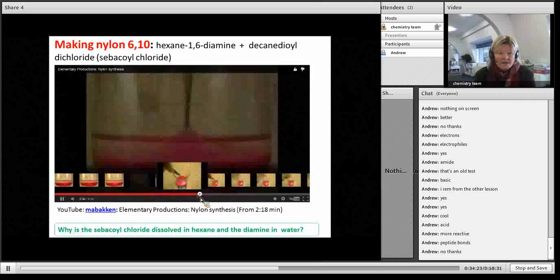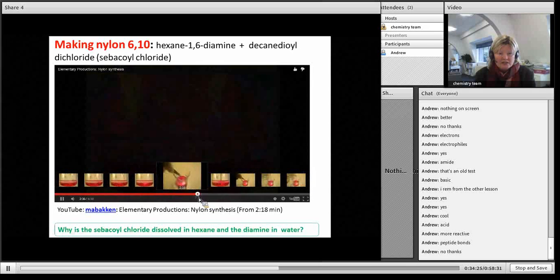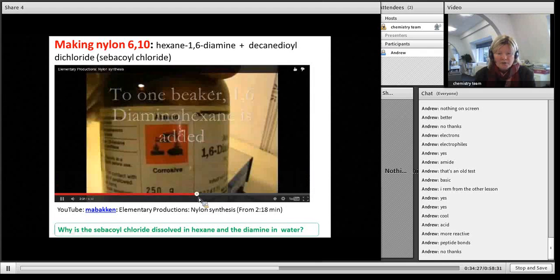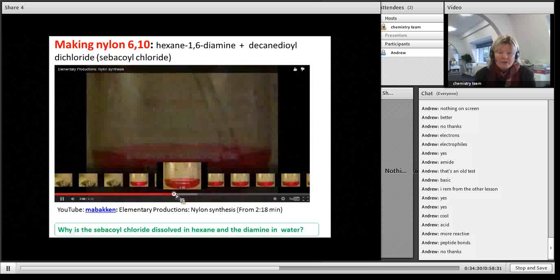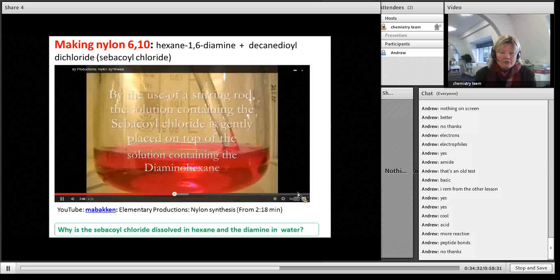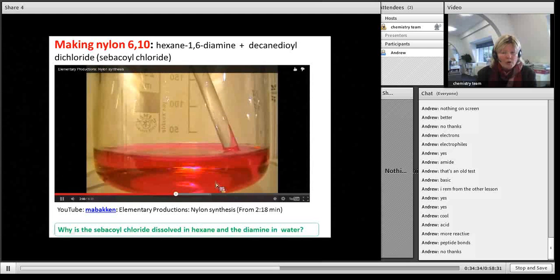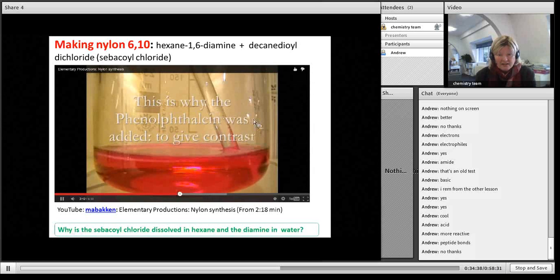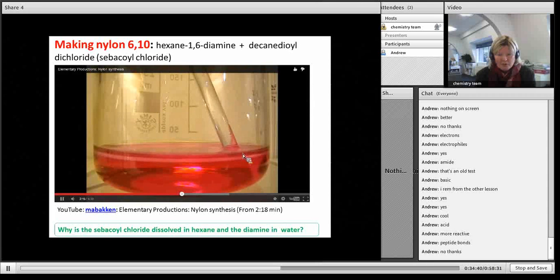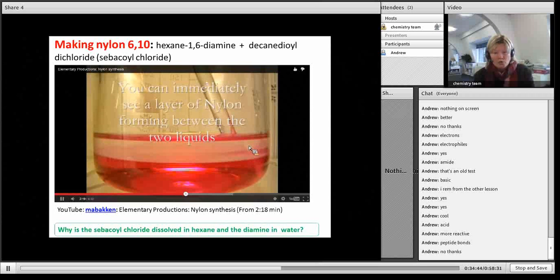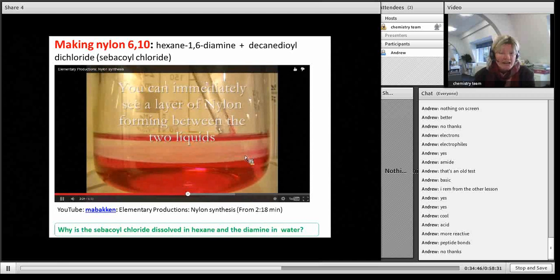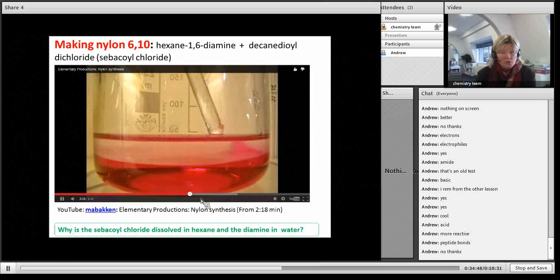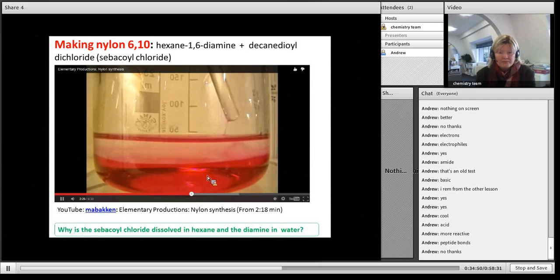Okay. What he's done, I'll go a little bit back. He's dissolved the chloride in hexane, so it's not showing here yet. He's running it down here. Can you see it's running down the glass rod and it's coming on the surface? Hexane is lighter than water, less dense than water. And the diamine, of course, is soluble in water, being hydrogen bonding.